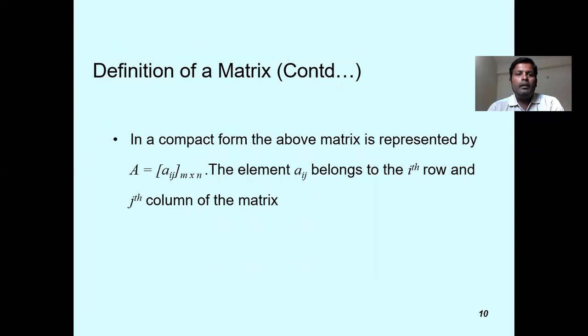A compact form of the above matrix is represented by capital A equals [aij] m by n. The element aij belongs to the ith row and jth column of the matrix. You observe here i is the row and j is the column.